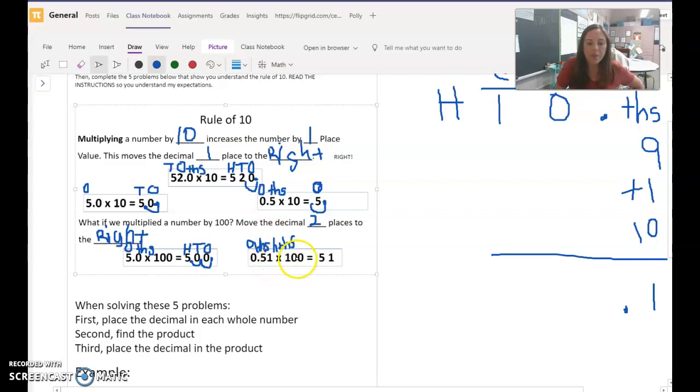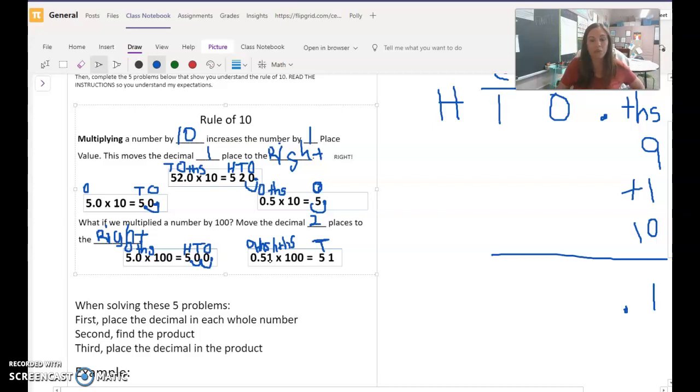After we multiply it by 100, our 5 should move up 2 place values according to our rule. Well, in 51, what place value is the 5 in? If you said tens, you're right. So it started in the tenths, and it moved up to the ones and then the tens.